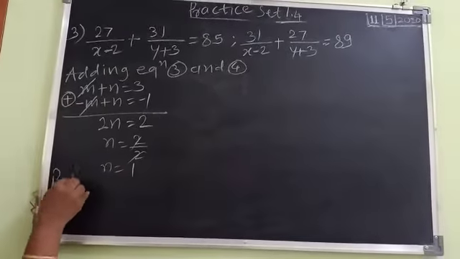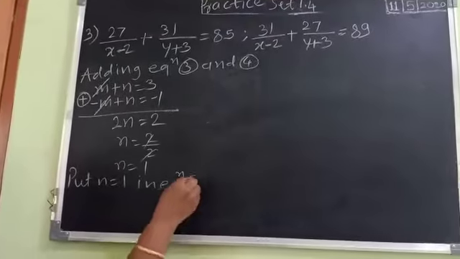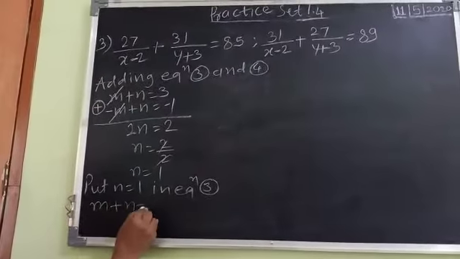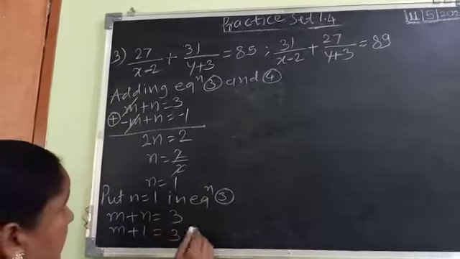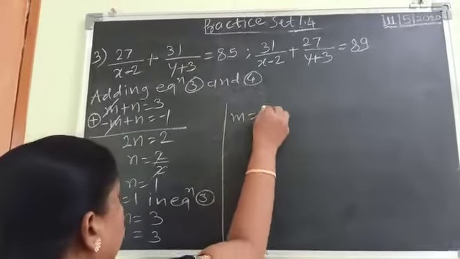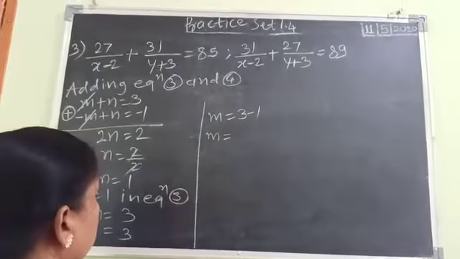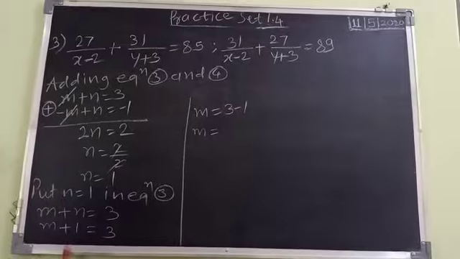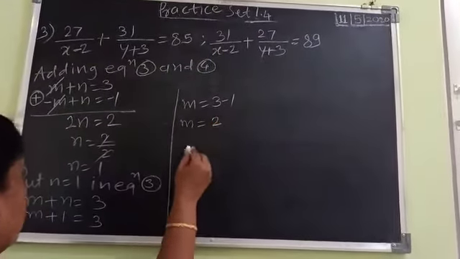Put n is equal to 1 in equation 3. Equation 3 is m plus n is equal to 3. m plus 1 is equal to 3. So m is equal to 3 minus 1. m is equal to 3 minus 1 is 2.